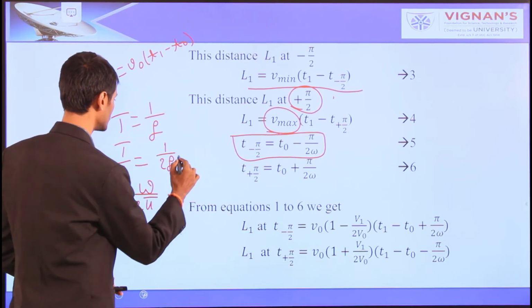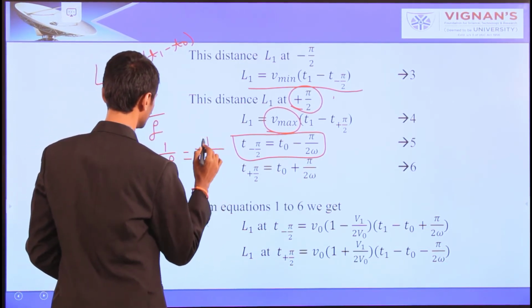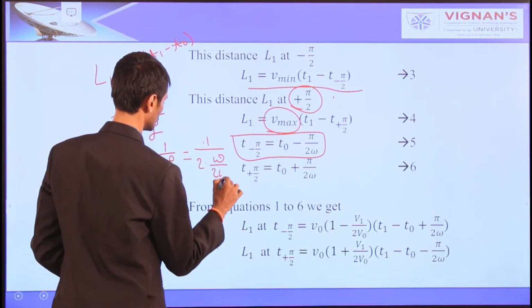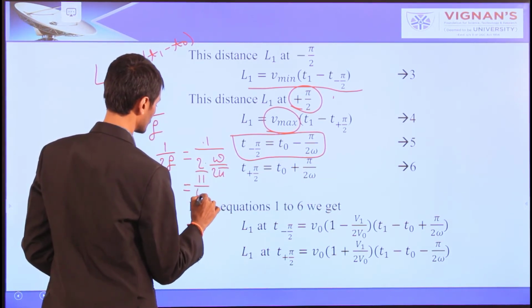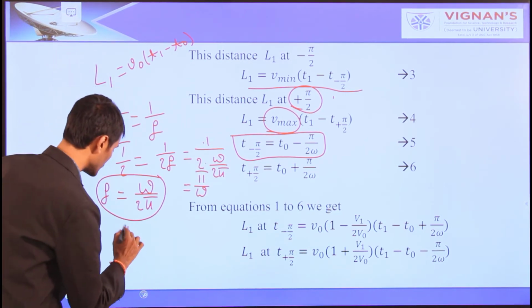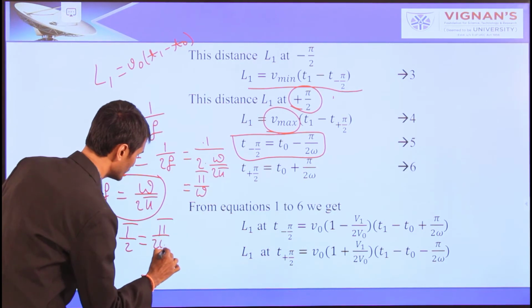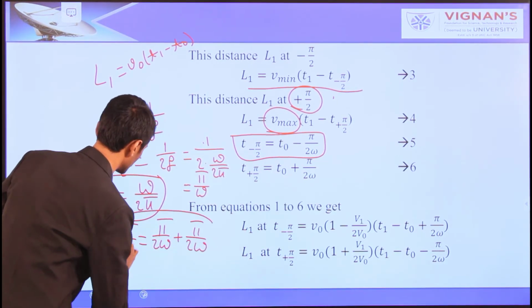If you substitute here, simply 1 by, so that is equal to pi by omega. T by 2 can be represented as pi by 2 omega plus pi by 2 omega.